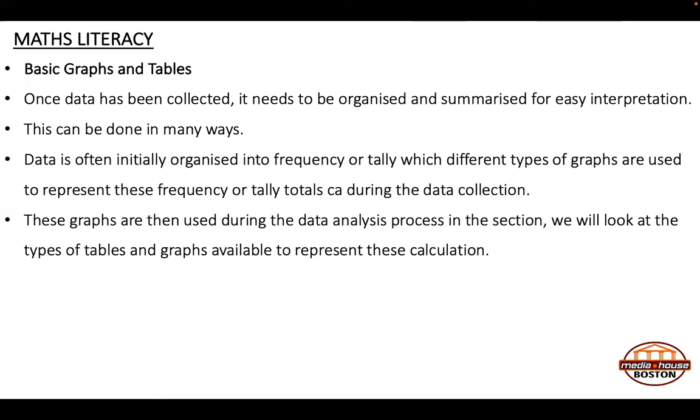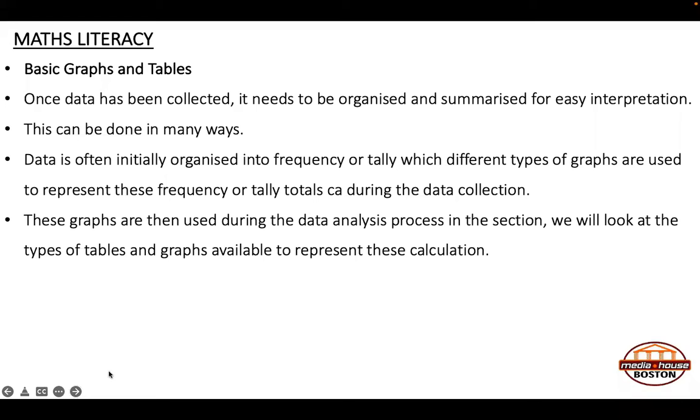Data is often initially organized into frequency or tally tables, which different types of graphs are used to represent these frequency or tally totals during the data collection. These graphs are then used during the data analysis process. And in this section, we will look at the types of tables and graphs available to represent these calculations.